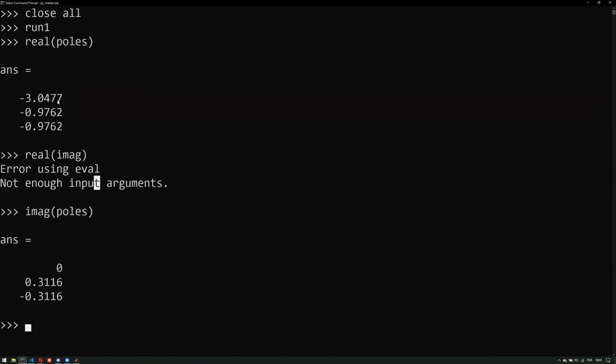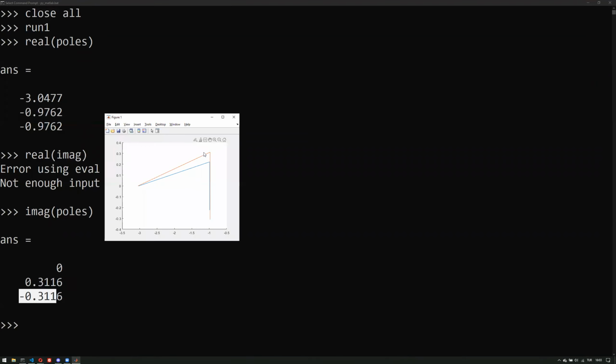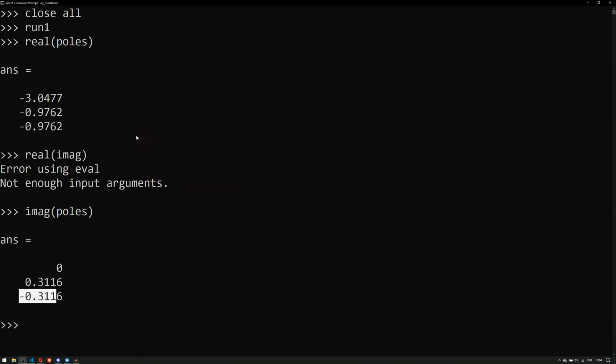So what the plot does is connect these locations. For example, minus 3, 0 will be connected with minus 0.97 and 0.31, and then also with minus 0.97 and minus 0.31. So this is the thing that is plotted here.